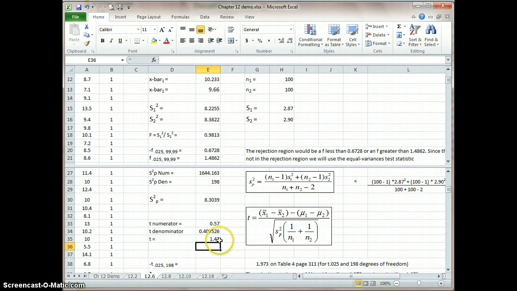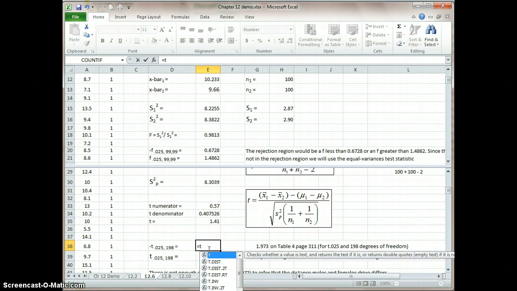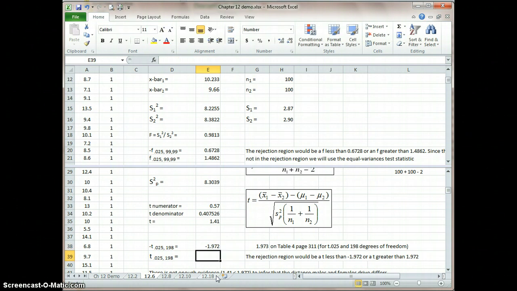Now what I want to do is simply do the T.INV based on the alpha and the degrees of freedom to see if we fall in the rejection range or not. So in this case it's equal to T.INV, and the probability is 0.025, and the degrees of freedom 100 plus 100 minus 2 gives us 198, and that's minus 1.972.